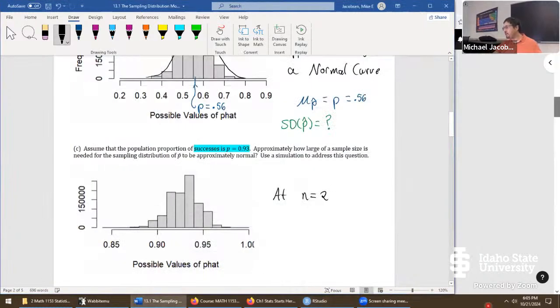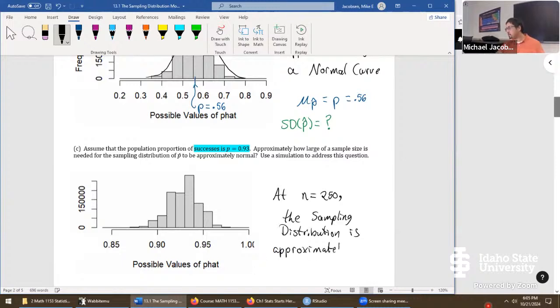At n equals 250, the sampling distribution is approximately normal. Normal as in, we have a normal distribution.